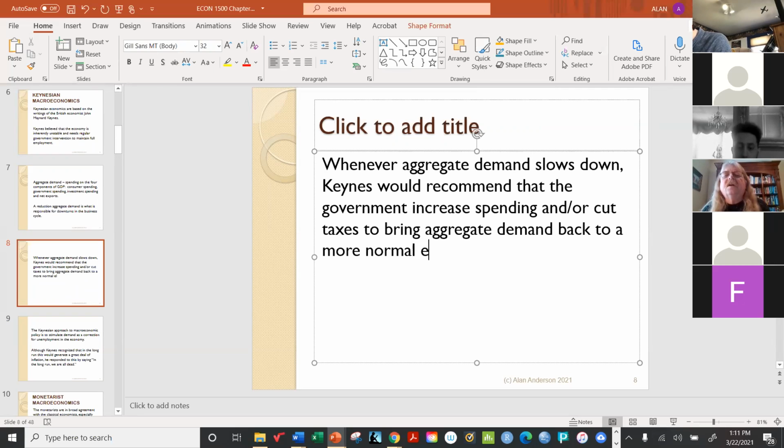So in other words, he saw government spending as a type of shock absorber that was designed to keep aggregate demand from slumping too much.